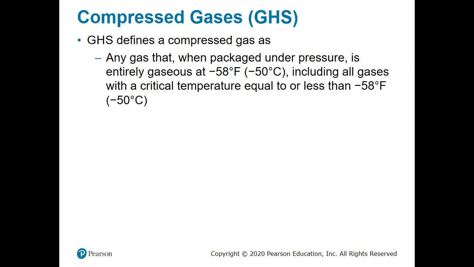Now remember, the GHS system uses kind of that multiplicity of placards instead of the DOT system where we're going to try to give you all the information in one color-coded diamond. The GHS, we might have the placard for flammability and the placard for being a compressed gas and the placard for being an explosive.